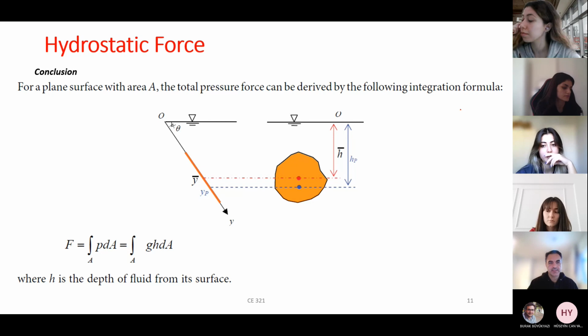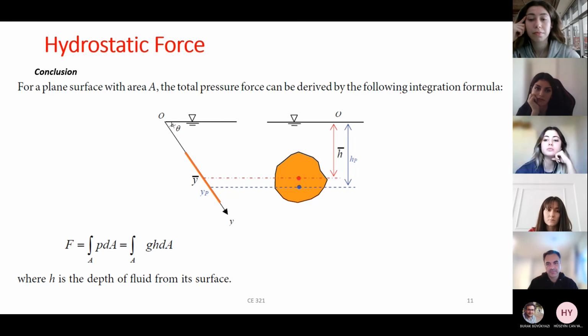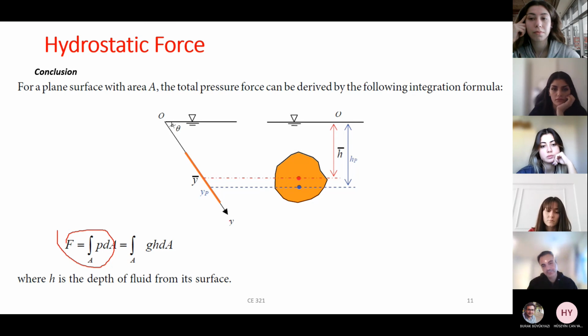For a plane surface with area of A, the total pressure force can be derived by the following integration formula. And at the beginning, you saw that I used this formula to find pressure. What does it mean? Assume I have such an object oriented in the water, and I would like to find resultant force acting on this area.